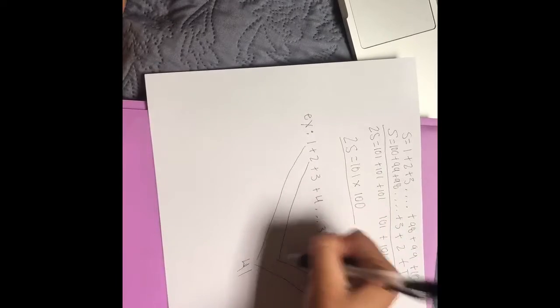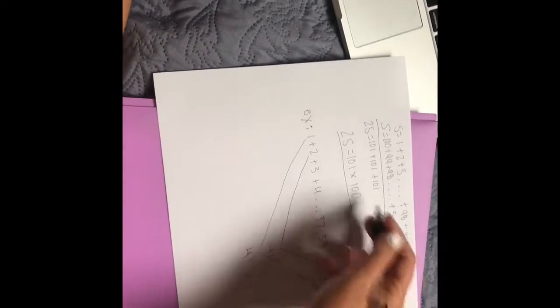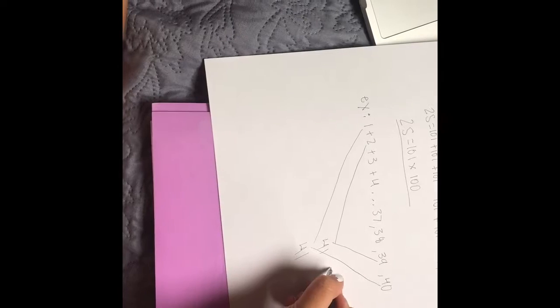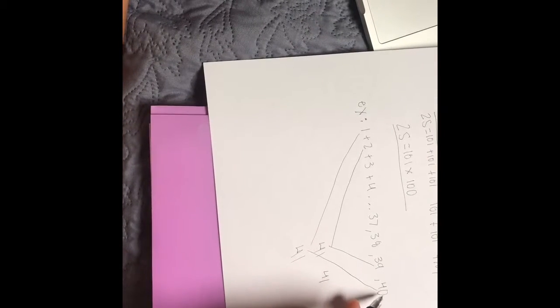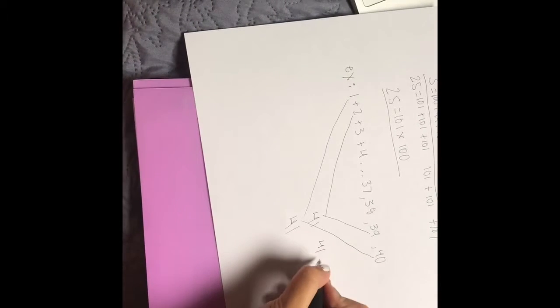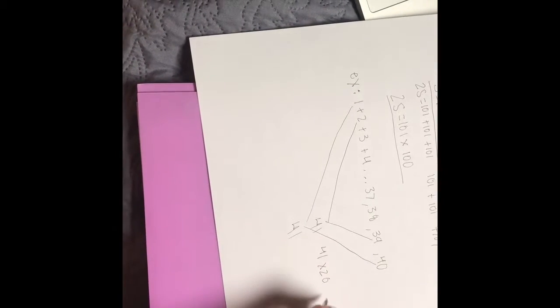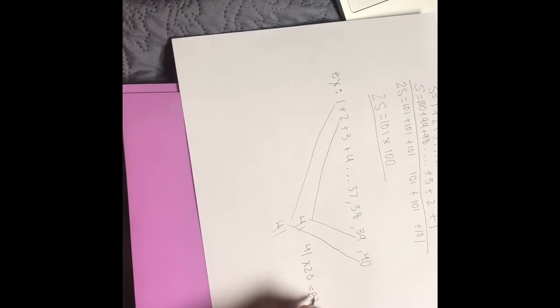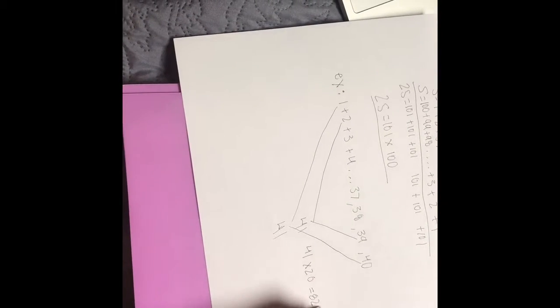Then we take 39, the second term, and we also get 41. Same thing as Gauss, 41 every time. Because each pair sums to 41, and there are 20 pairs of numbers, we take 41 times 20. That gives us 820.